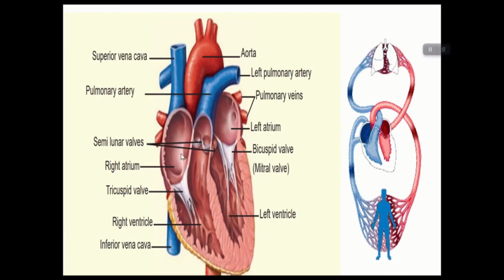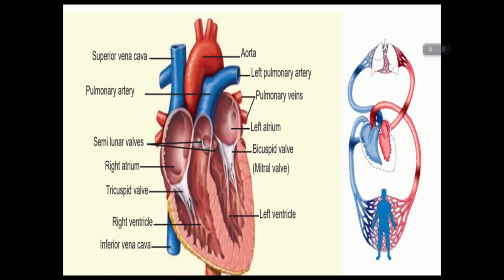Right atrium contracts and the tricuspid valve opens and impure blood flows to the right ventricle. Then the right ventricle contracts and the pulmonary semilunar valves open and impure blood goes to the pulmonary artery. Can you see? Look at this diagram.